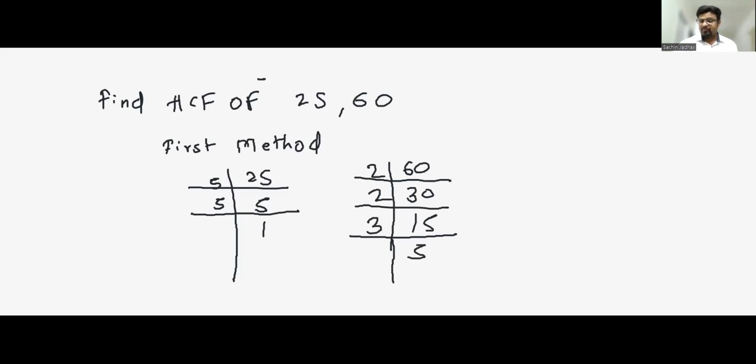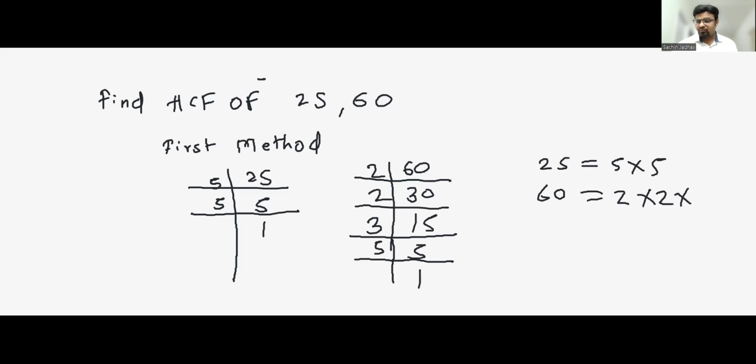Now 5 is a prime number, so 5 is divisible by 5 only. So we will take 5 1s are 5. Now I have the factors of 25, that is 5 into 5, and the factors of 60, that is 2 into 2 into 3 into 5.